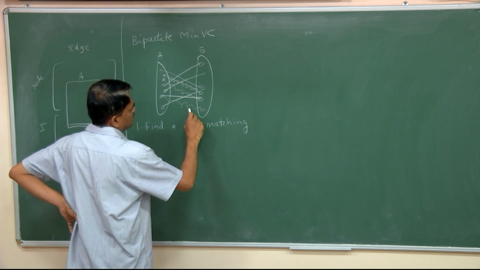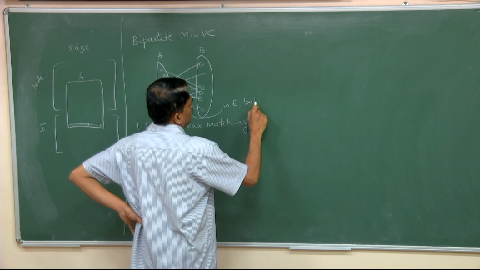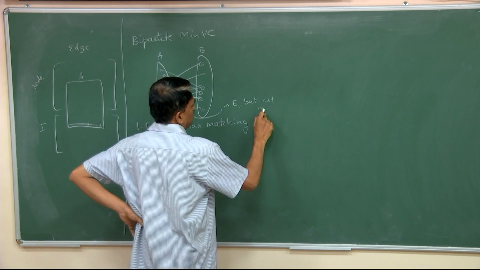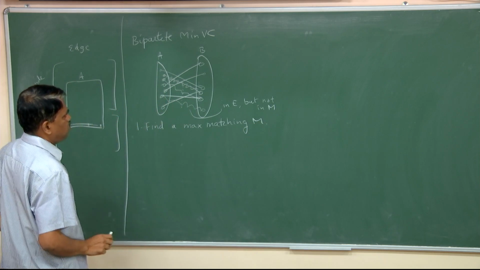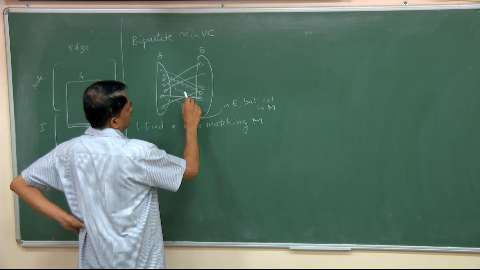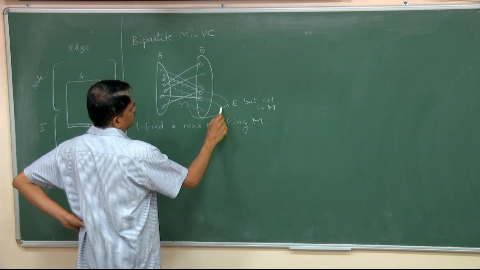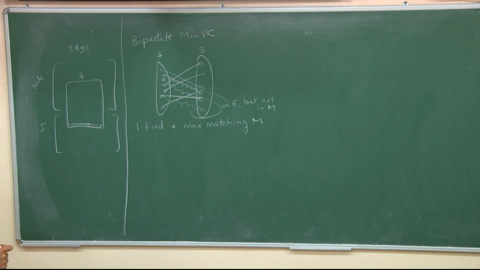These are in E but not in M. So the goal is to carefully pick exactly one vertex from each matching edge and somehow argue that that forms a vertex cover.